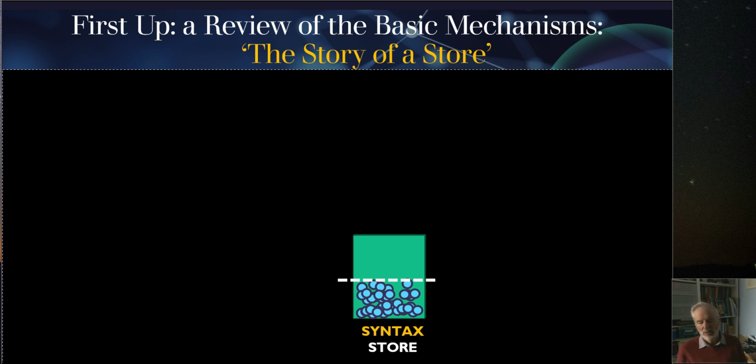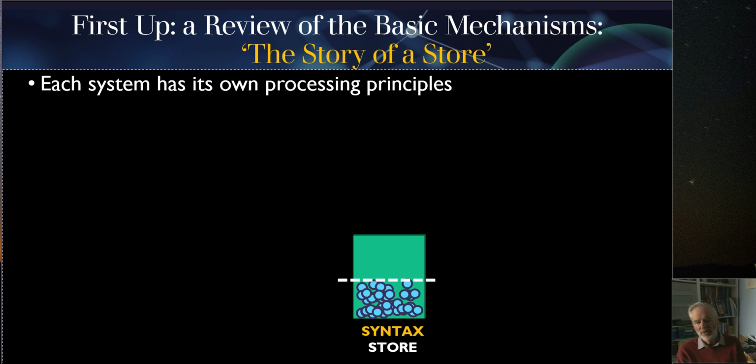But okay, we'll have to skate over that. I just wanted to present you this as a way of introduction. Each system has its own processing principles, as you know. So the conceptual system builds meanings according to semantic principles, or conceptual principles. There is no central processor.